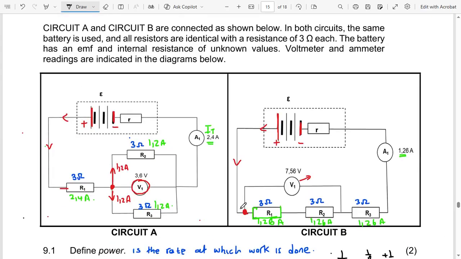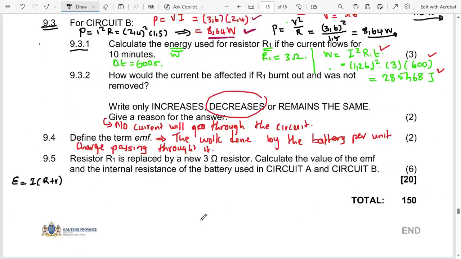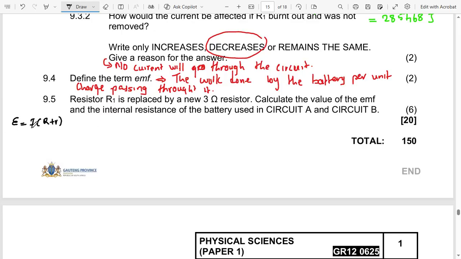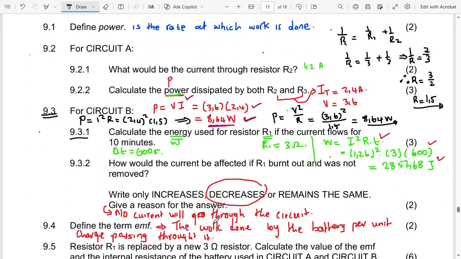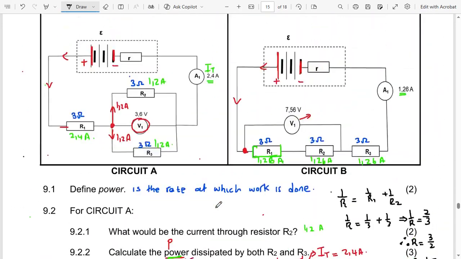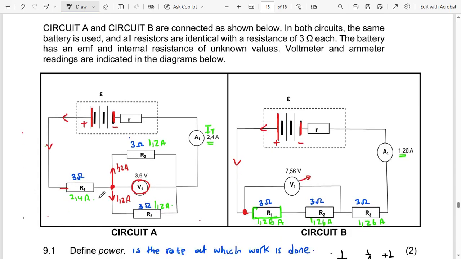Let me go back to the diagram, because if I don't have this, I can use simultaneous equations. I can use the EMF of this battery and that battery, but I'm not sure if I'm on the safe side to do that. So I go back and check.